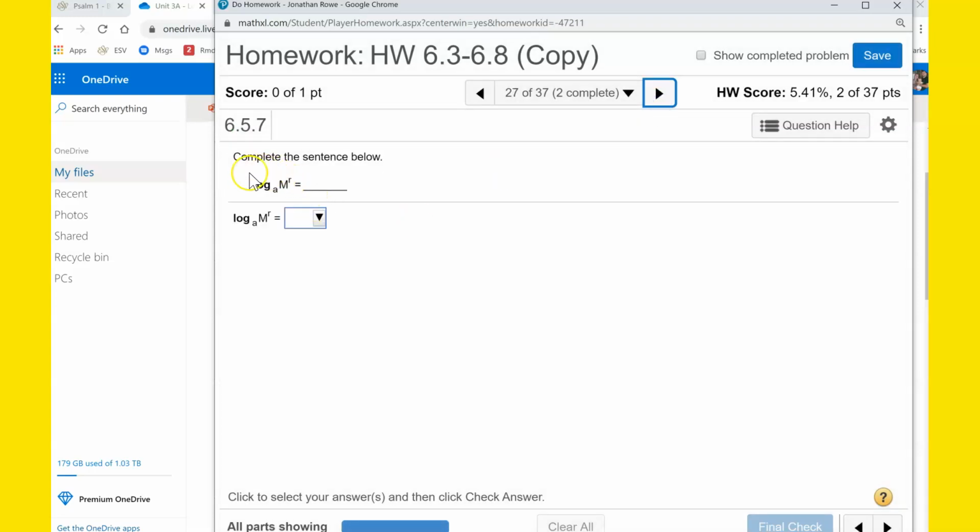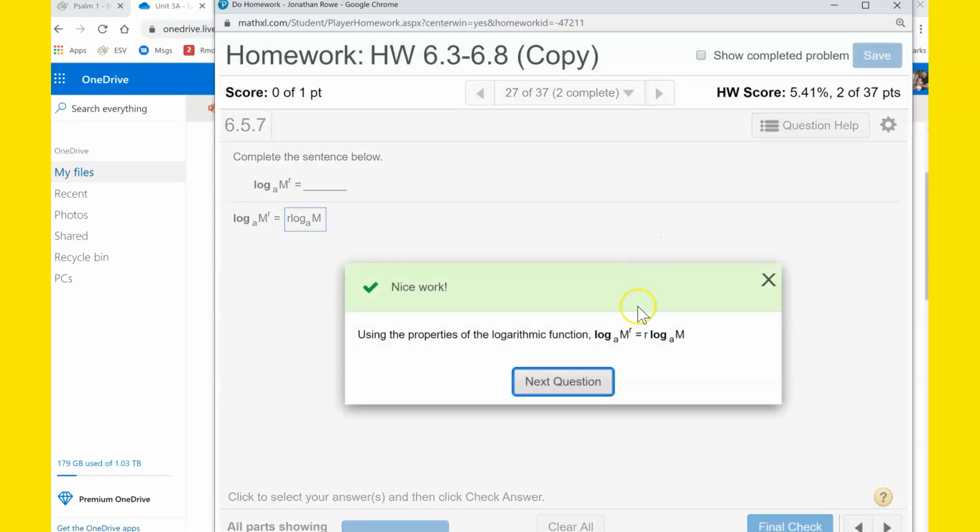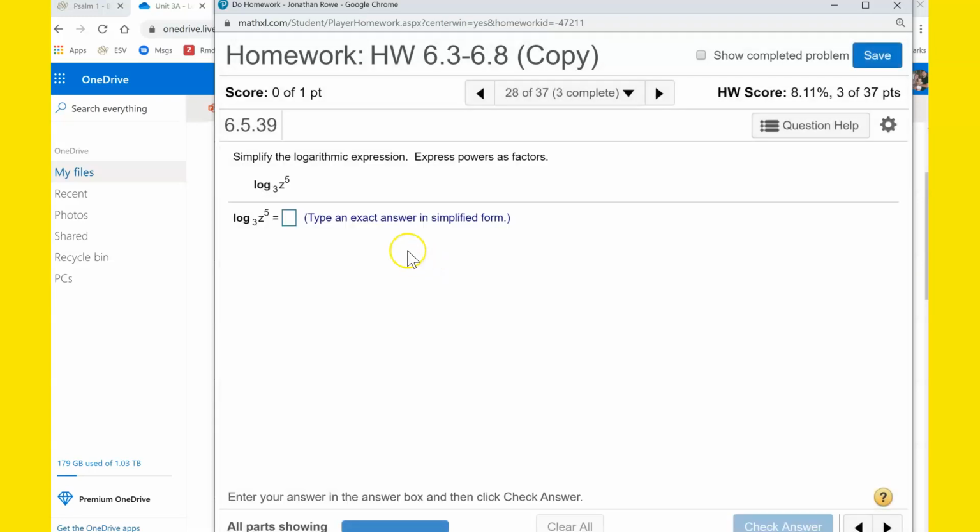Here we're just going to move the r in front of that log base a, so it's r times log base a of m. All right, simplify the logarithmic expression. That means we're just expanding it, so we're taking the 5 in front of the log base 3. So it'll be 5 log base 3 of z.